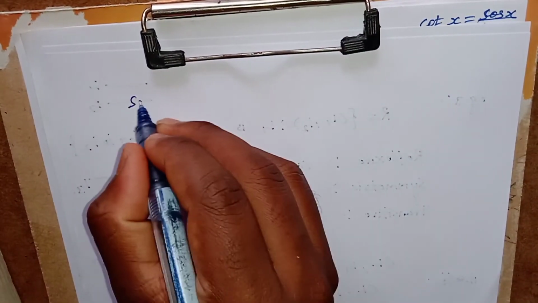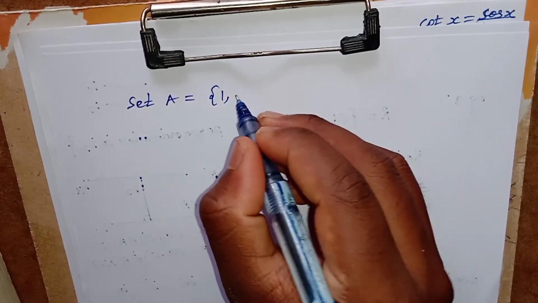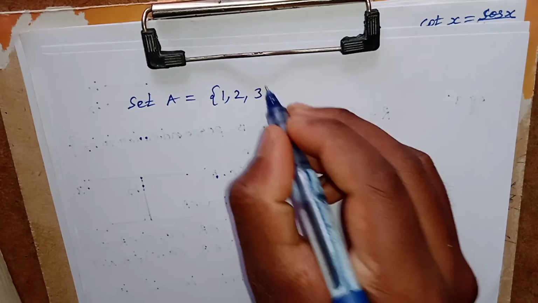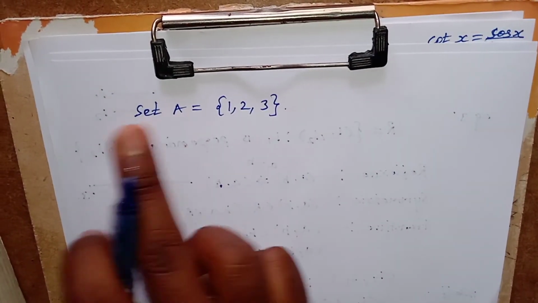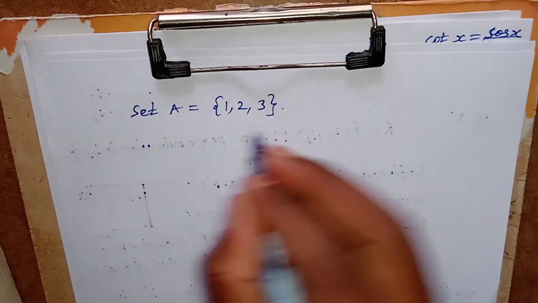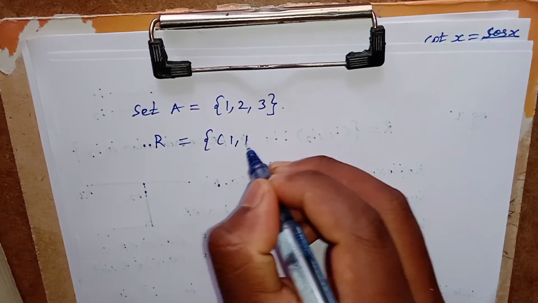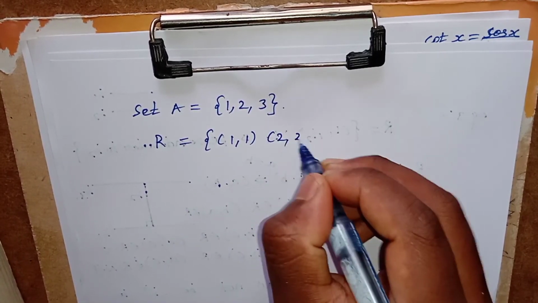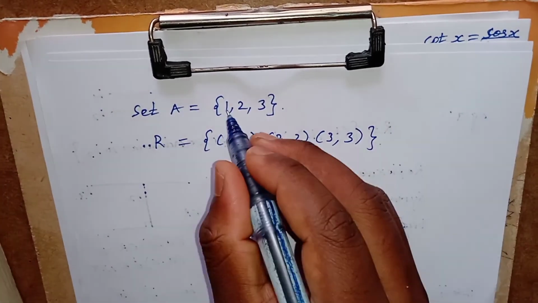Let us take set A = {1, 2, 3}. For reflexive, in set A every element should have its own identity. Here R contains (1,1), (2,2), (3,3).